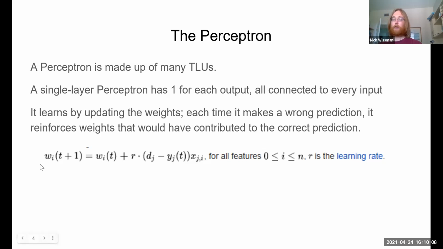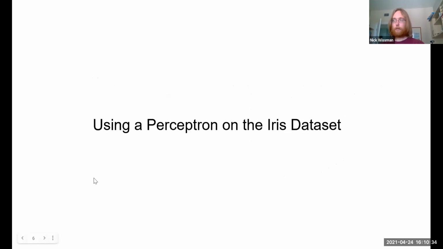Basically, it's saying this particular weight for the next time step, for the next prediction, is just going to be the current one, offset with a certain amount added or subtracted based on the learning rate and based on the difference between the actual result. Whoops, I skipped ahead.